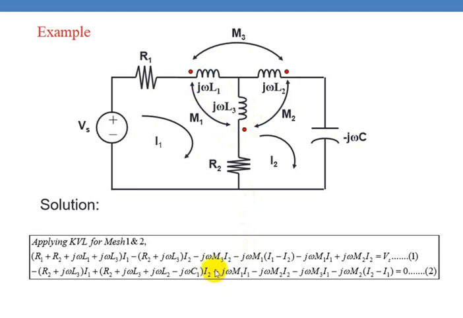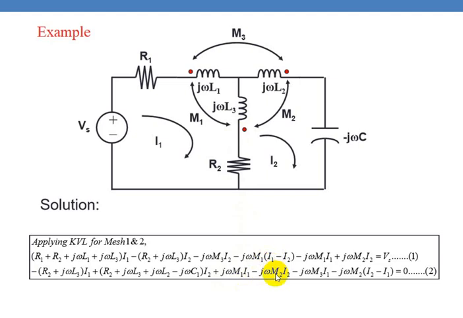Now the sign: here a positive sign is used, because current I1 is entering the positive terminal. While writing the equation for the second mesh, the current I2 is also entering the dotted terminal. Therefore, you have to write plus j omega M1 into I1.